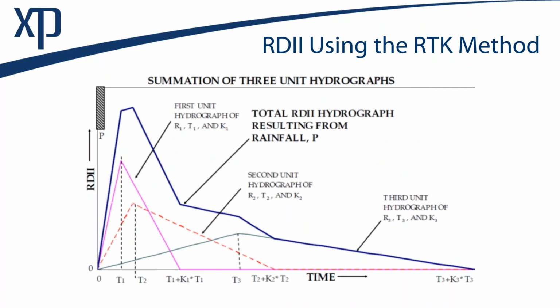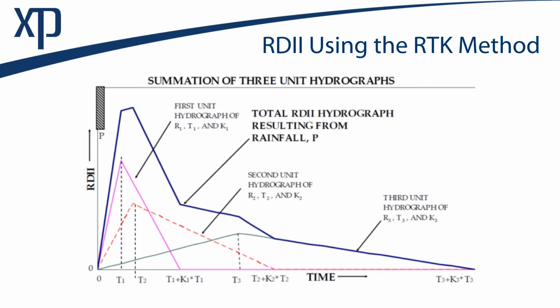We allow you to use the RTK method to simulate the impact of near-term, medium-term, and long-term inflow and infiltration. And this graphic, most of you have seen this before. So the peak of the initial inflow is always going to be short duration, but we're going to have impacts over time.